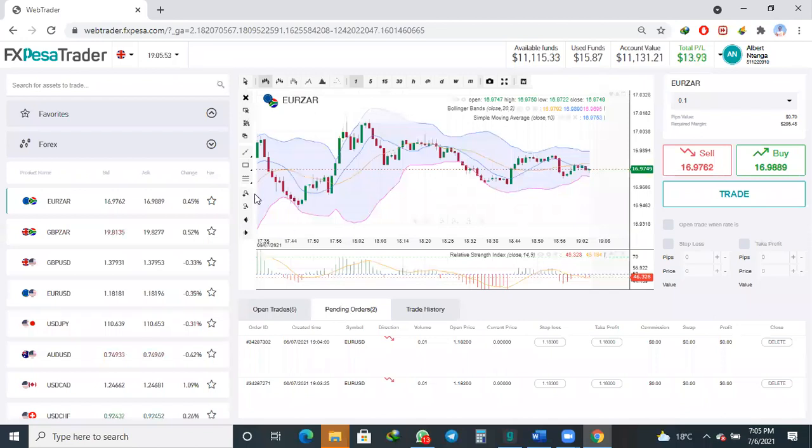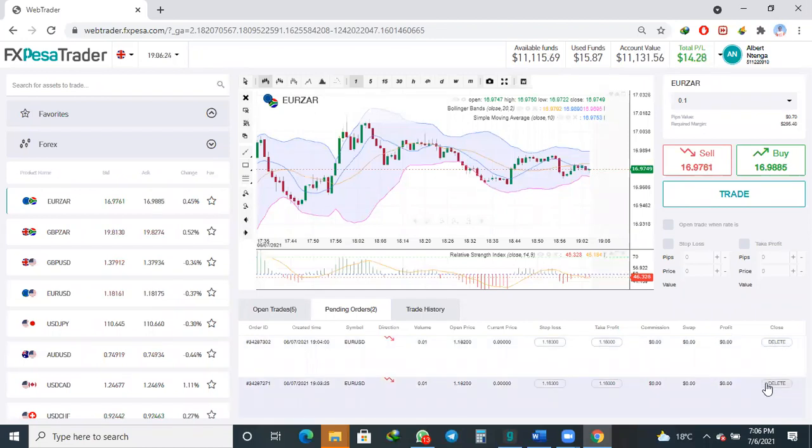Now, if you want to delete this trade, just the same way for the open trades you can close, for the pending orders, you can just delete the orders. On the right bottom side of the screen, there are orders for you to close.